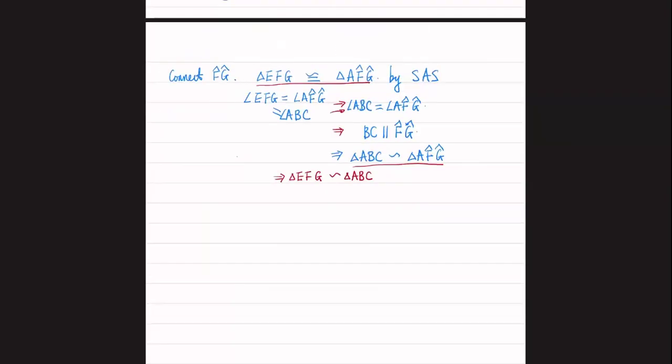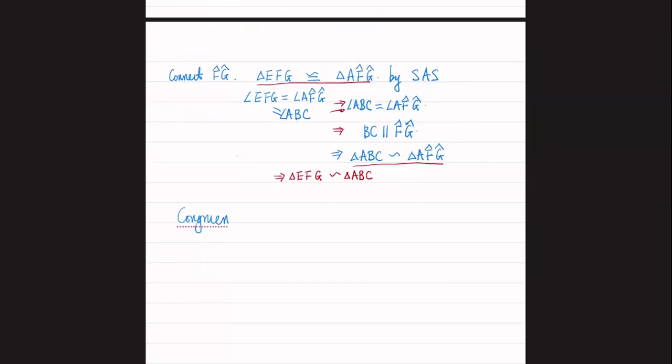Okay, now I'm going to list the congruence theorems and the similarity theorems. Congruence theorems and similarity theorems.